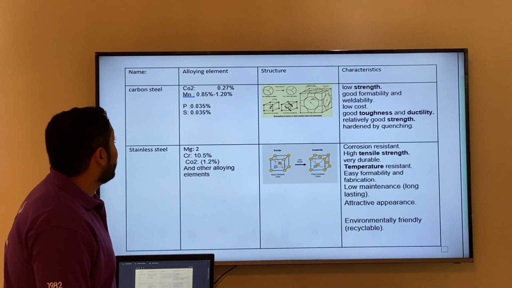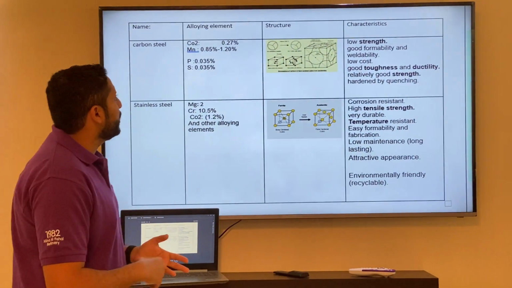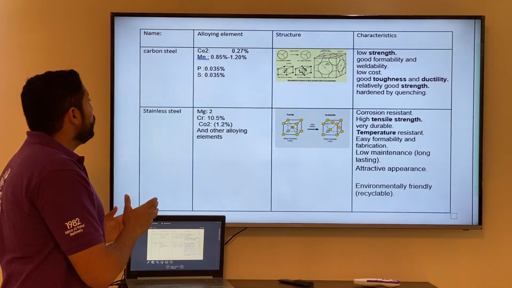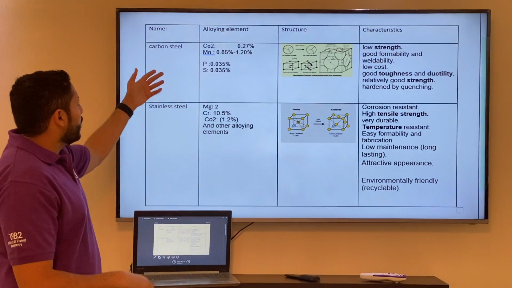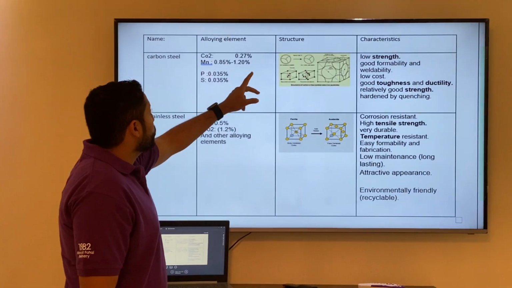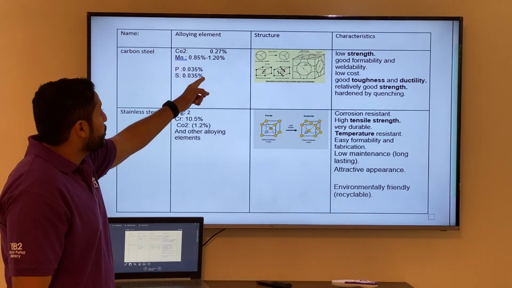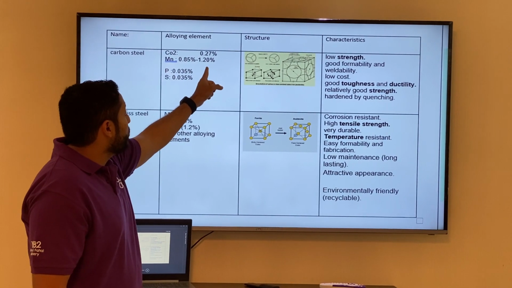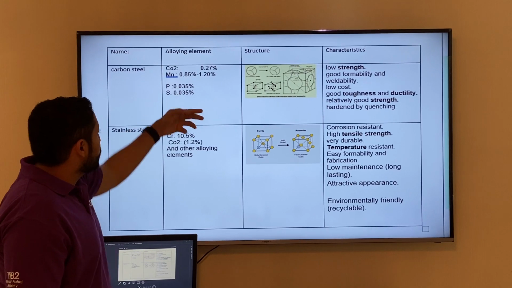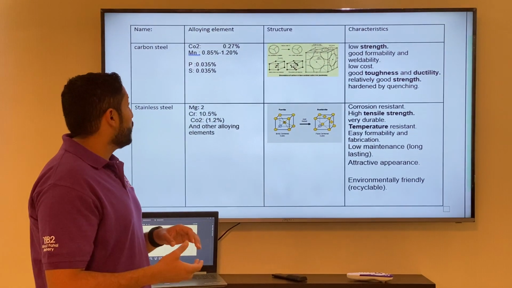Okay, here we got the question about the alloying elements, structure and characteristics. I choose two materials. The first is carbon steel. It has carbon 0.28%, manganese 0.85% to 1.20%, phosphorus 0.035%, and sulfur 0.035%.